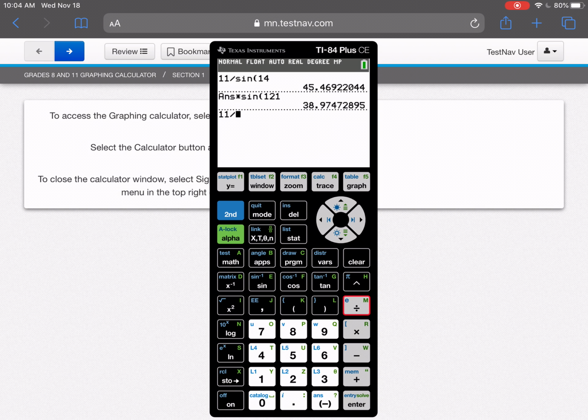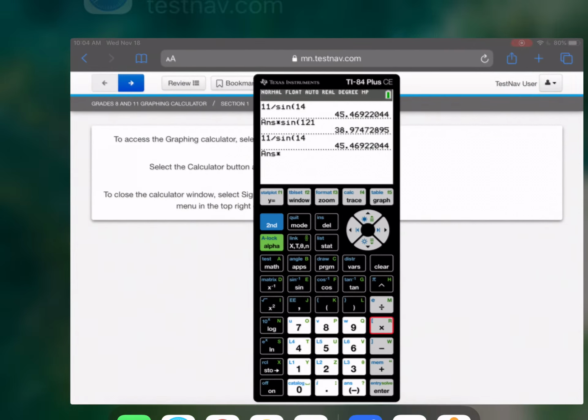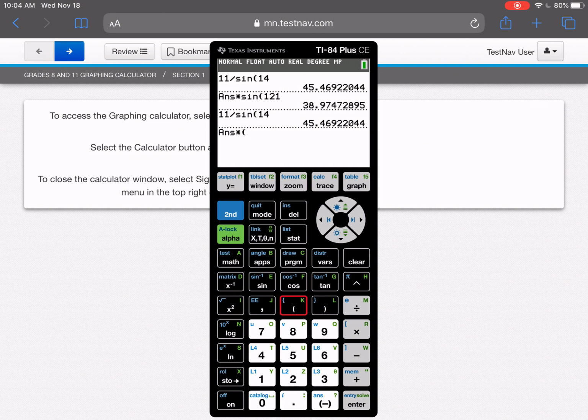It doesn't take long to type in 11 divided by the sine of 14, multiply by the sine of 45 on the bottom. So multiply by the sine of 45, and this one is 32.15.